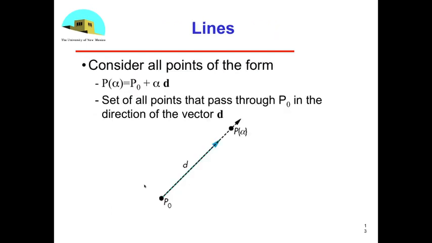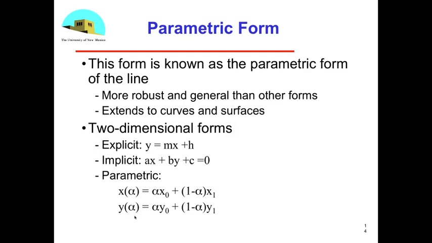So if I start with this, and I now say, okay, I'm going to impose some coordinate system on this problem and look at it in 2 dimensions, then I could write a separate equation for x and y parametrically and say, okay, if I want a line that goes through x0, y0, it goes through x1, y1, here's a little form of that line, and we'll come back to this again.